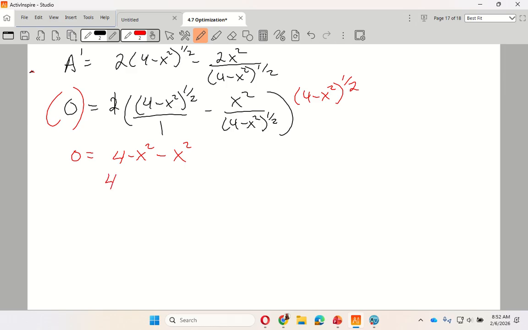So 4 minus 2x squared equals 0. Negative 4 equals negative 2x squared. 2 equals x squared. x equals plus and minus the square root of 2.